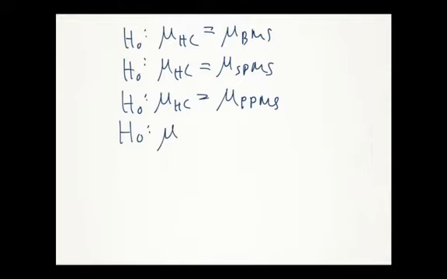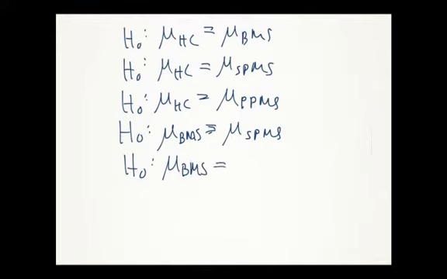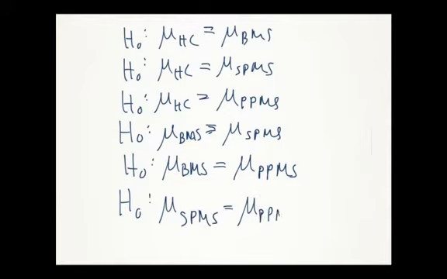The mean in the benign MS is equal to the mean in the secondary progressive MS. And then a fifth null hypothesis, another 2-sample t-test: the mean in the benign MS is equal to the mean in the primary progressive MS. And then a last one, our 6th null hypothesis, that the mean in the secondary progressive MS is equal to the mean in the primary progressive MS. So we would have 6 pairwise 2-sample t-tests to conduct.